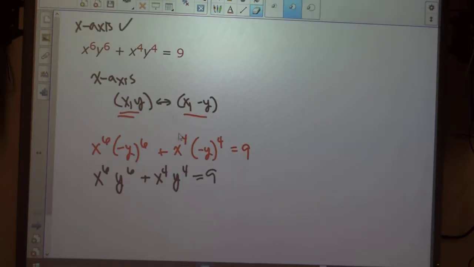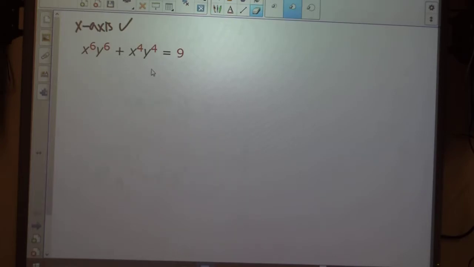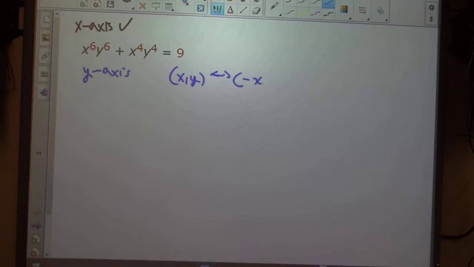Okay. So now we're going to do the exact same thing, but we're going to do it with the y-axis. So y-axis symmetry, we're looking at the point x comma y. If that exists, then negative x comma y exists.